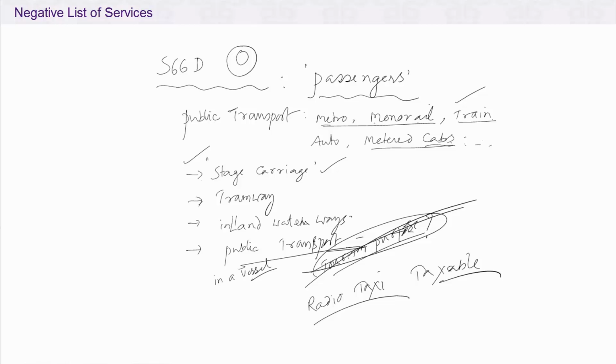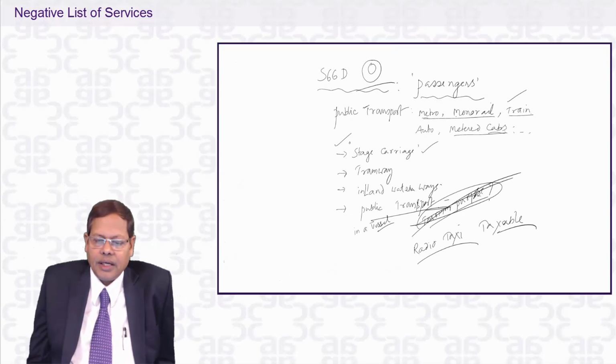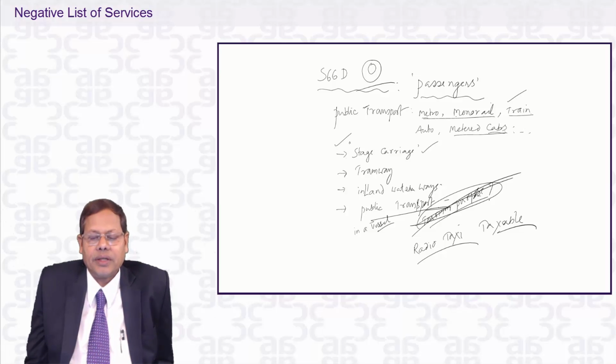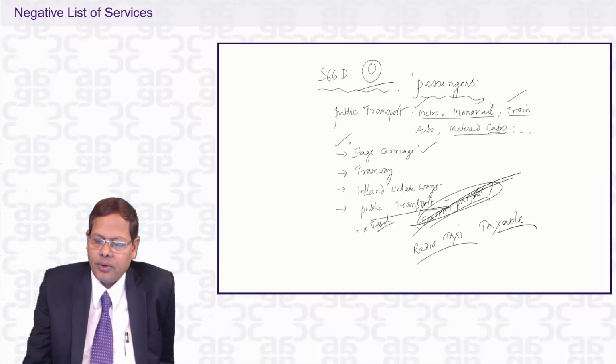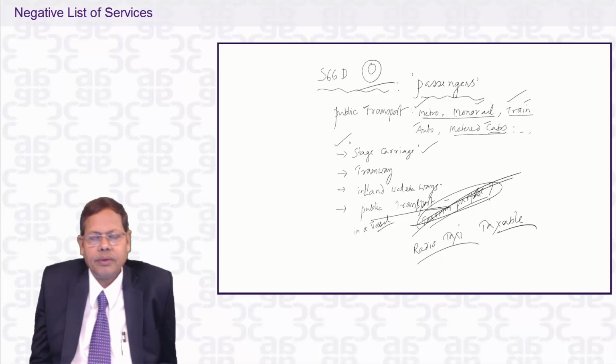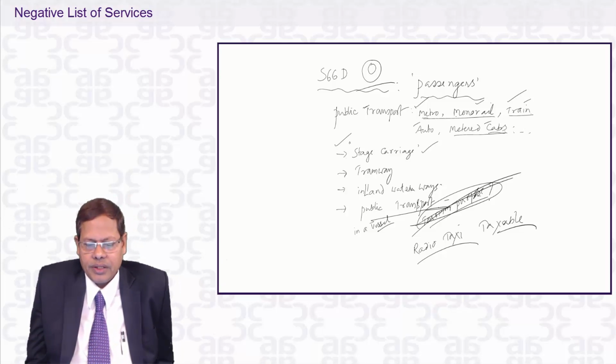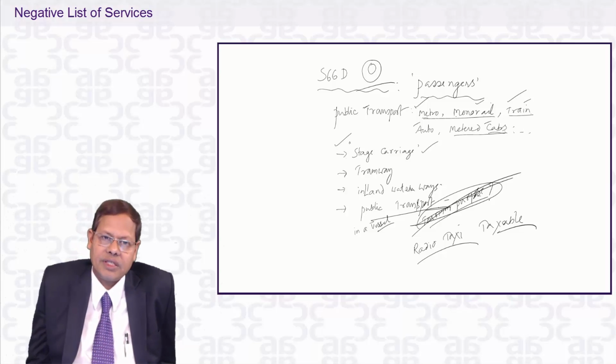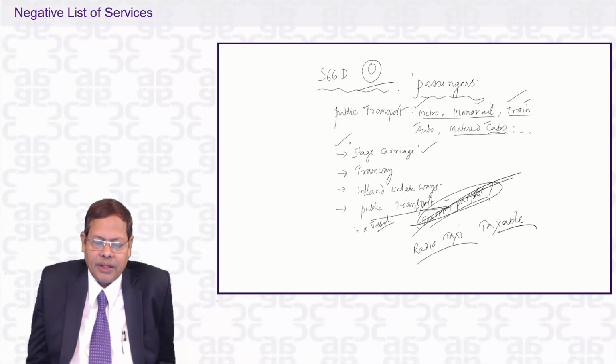Services relating to passengers are in the negative list if they are in the nature of public transport, like transport by metro, monorail, train, auto, metered cab, other than of course radio taxi, stage carriage, tramway, inland waterways, public transport in a vessel, all are under negative list.